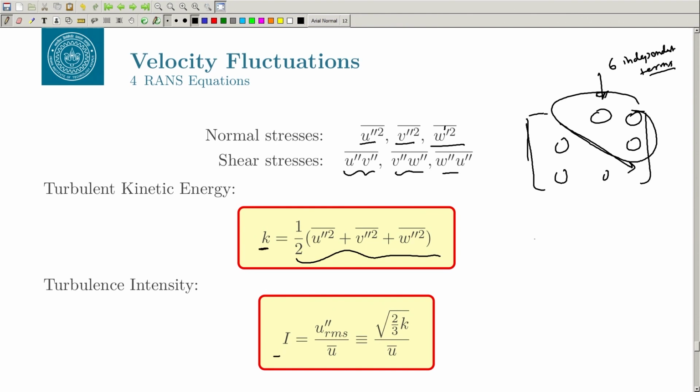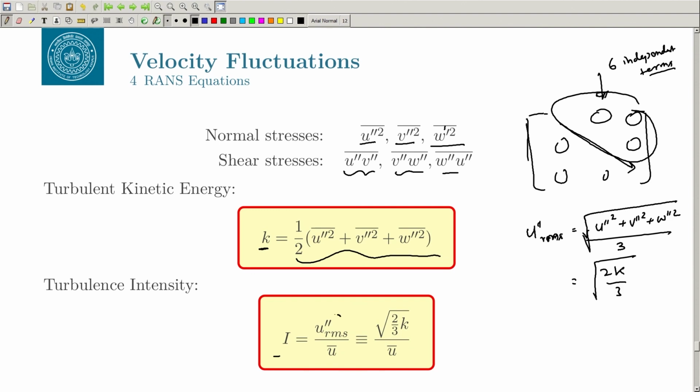We will say that my u double prime RMS, the root mean square velocity, is the square root of u double prime square plus v double prime square plus w double prime square, divided by 3, and this is nothing but the square root of 2k by 3, where k is your kinetic energy.